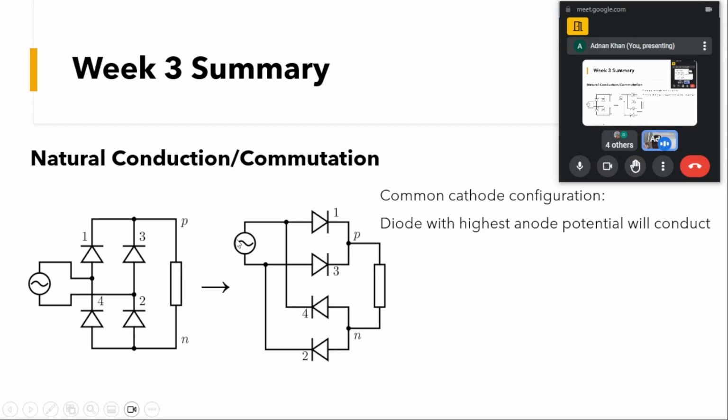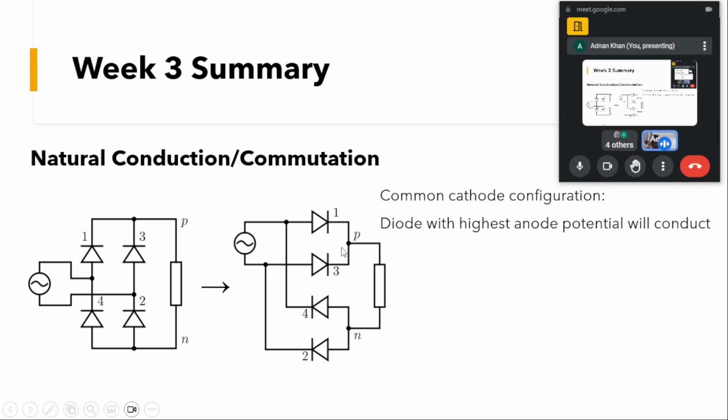When this turns from positive to negative, diode 3 will be at higher potential than diode 1. So diode 3 will conduct, and this higher potential will be at point P, which will in turn reverse bias diode 1.